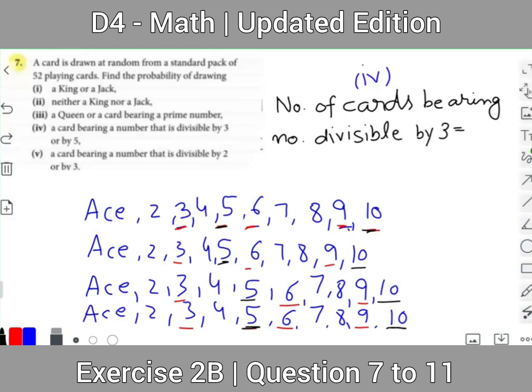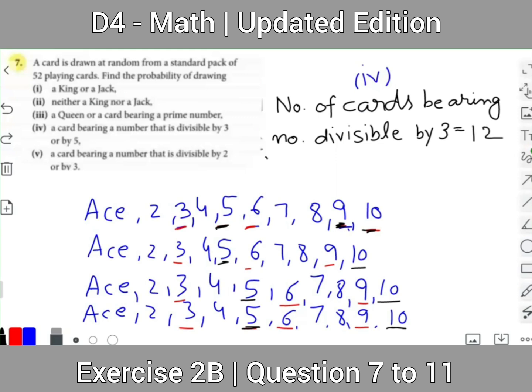And that will be equal to, so now we will count the numbers in red. Those are 1, 2, 3, 4, 5, 6, 7, 8, 9, 10, 11, and 12. So that will be equal to 12.